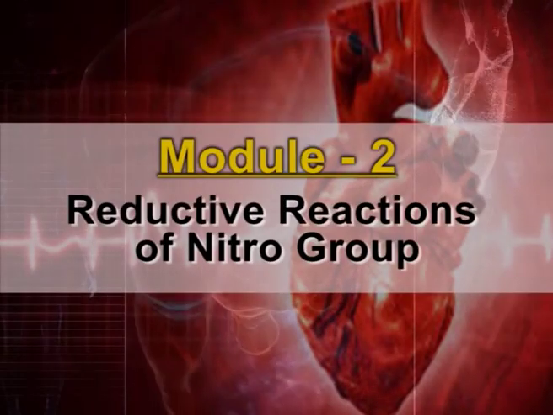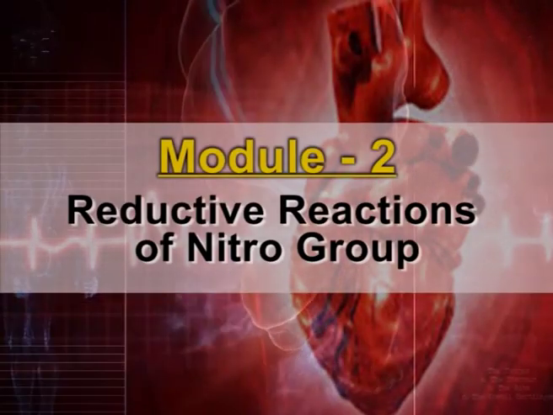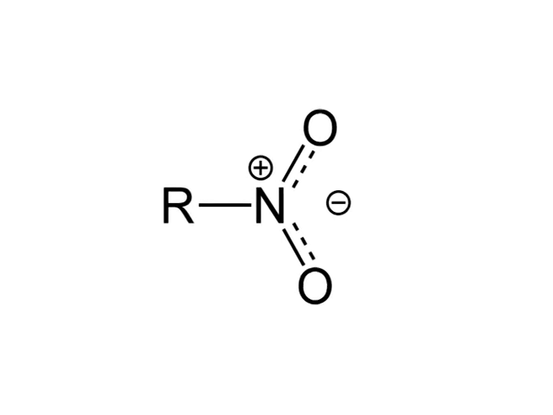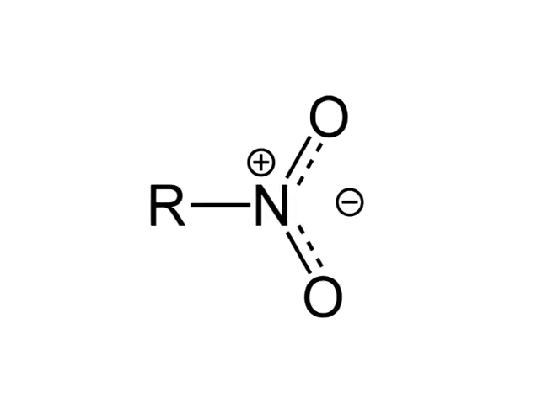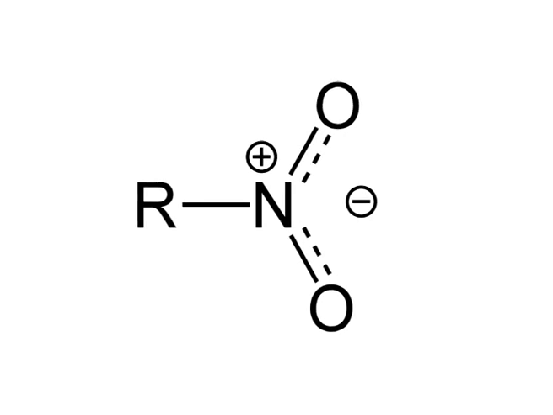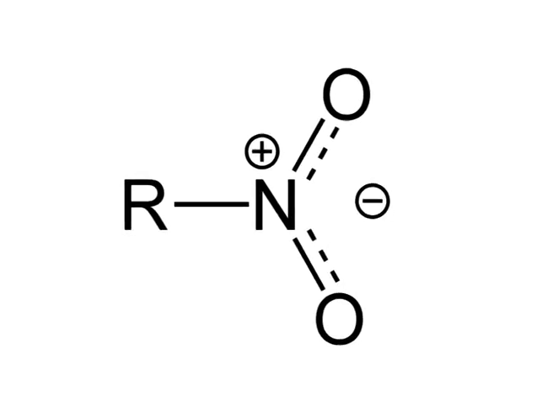Module 2. Reductive reactions of nitro group. The nitro group is composed of a nitrogen atom bound to 2 oxygen atoms and a carbon atom. Nitro compounds are very different from amines in their physicochemical properties because the nitrogen atom of the nitro group is not basic or nucleophilic.